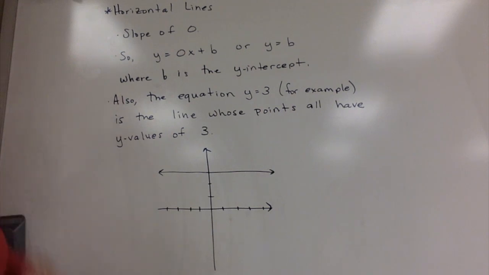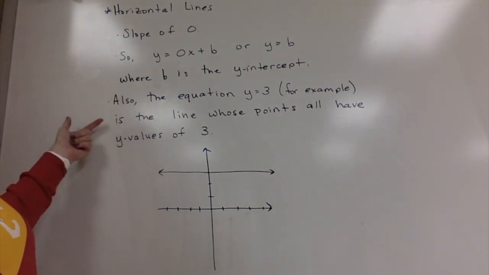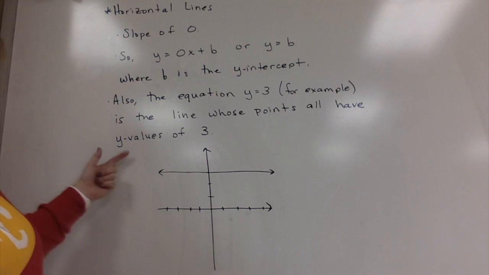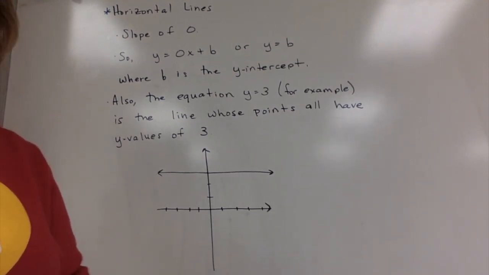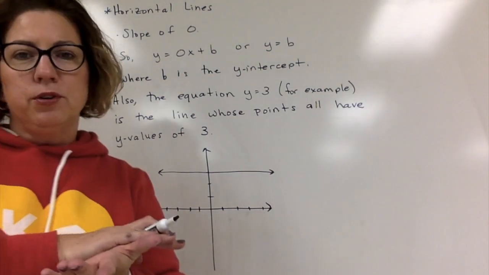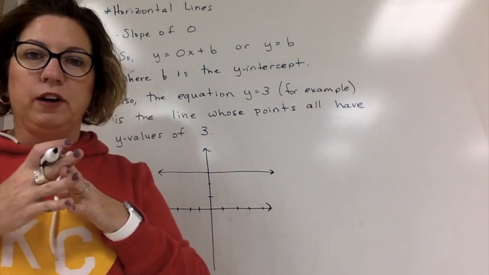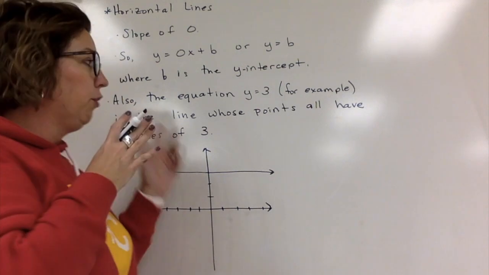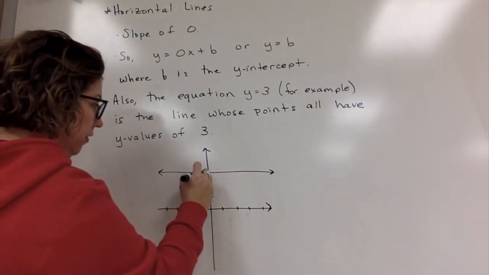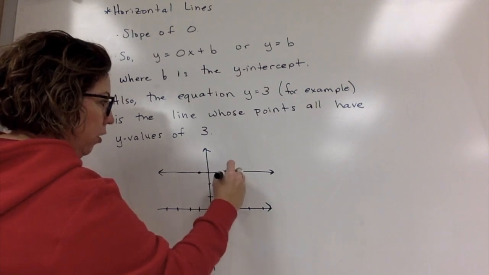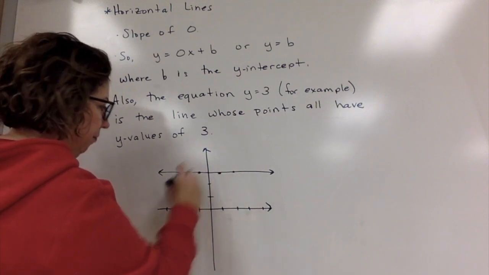Also, what we can know is that the equation y equals 3, for example, is the line whose points all have y values of 3. So if you cannot remember, does a horizontal line say y equals or does it say x equals? I can't remember which variable it is. You can always look at a graph and think about, well, if I have a horizontal line, I have all of these ordered pairs on a horizontal line, right?